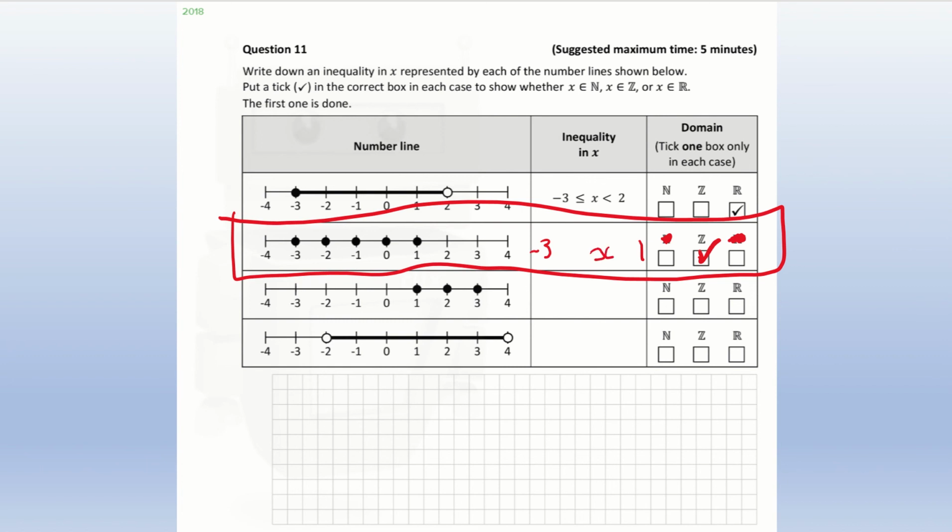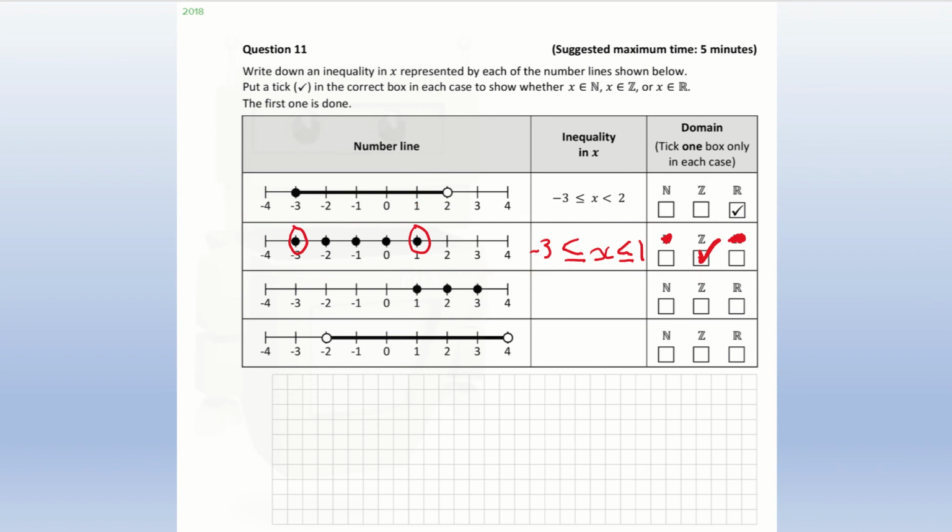Now for this, we need to see, is 1 included in this set? And it is, because of the fact that there's a dot on the 1 here. So I'm going to say that 1 is greater than or equal to x. And also, for the same reason, -3 is included. So -3 is going to be less than or equal to x.